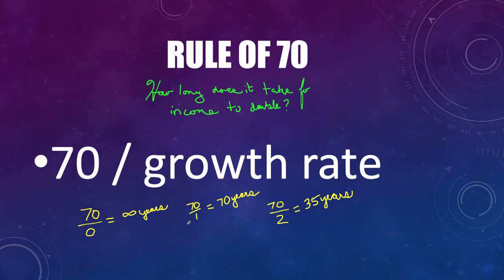Of course, we can continue to add numbers to this. Let's say we look at a rate of growth of 5%. 70 divided by 5 is 14 years. So in your working life, you might see income double 2 or even 3 times if the growth rate is 5%.